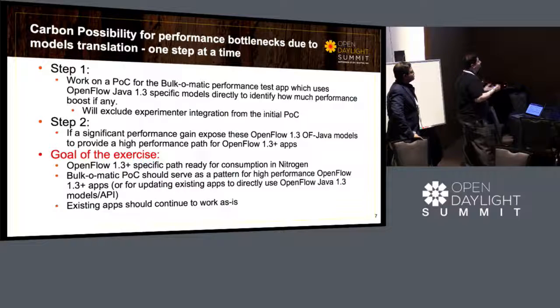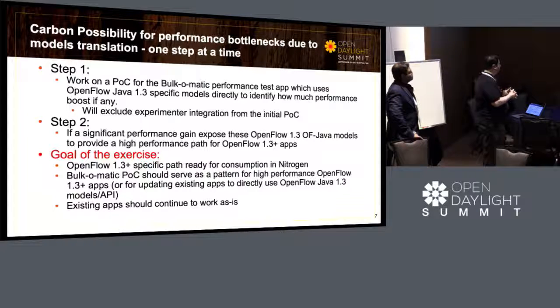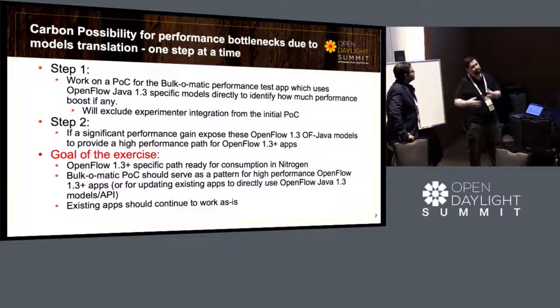So the goal of the exercise is to have this OpenFlow 1.3 specific path available for consumption in Nitrogen, and the bulkomatic POC could serve as a pattern for this high performance OpenFlow 1.3 apps, or for updating the existing apps to be using this OpenFlow 1.3 Java API directly.